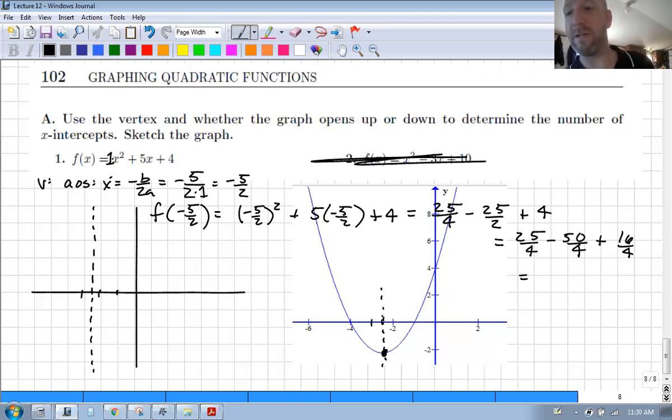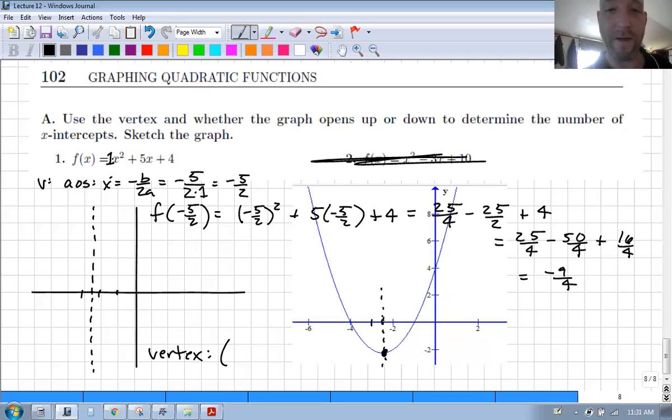So 25 minus 50 is -25, and then plus 16 gives -9/4.